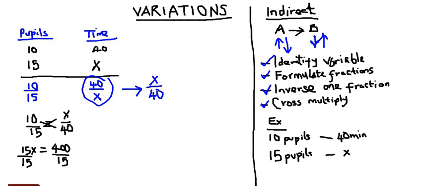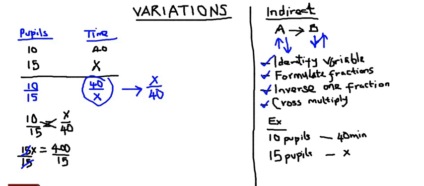So the amount of time that 15 pupils will take to clean the same room will be 400 divided by 15.